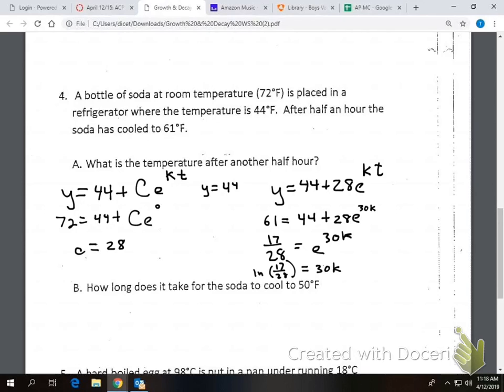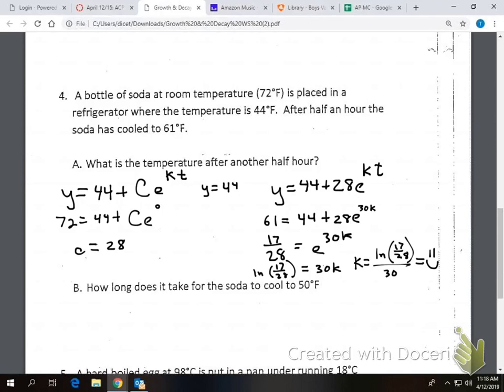Do you all agree with that? So k is equivalent to the natural log of 17/28 divided by 30. I don't even know what it is yet, and I don't care. I'm going to call it smiley face, because now I have my constant of cooling.